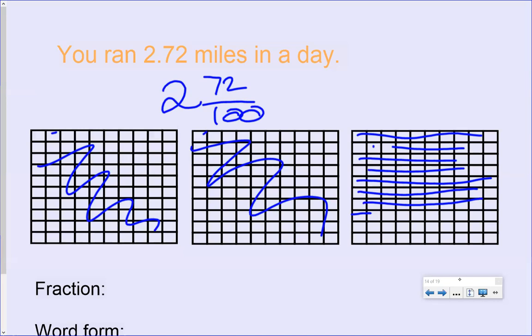Great job, Rowan. Awesome job. Word form would just be if we were to write it out, we would literally just write 2 and 72 hundredths, but you'll never see it in word form.